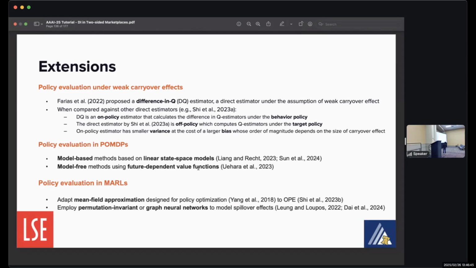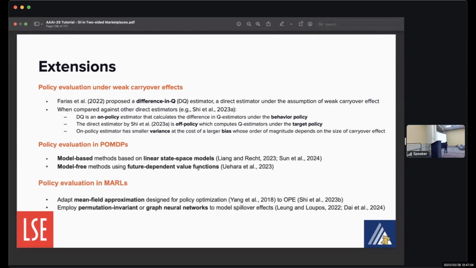In particular, this paper by Ferris proposed a difference-in-Q estimator, which is valid under the assumption of weak carryover effects. It does allow the carryover effects to exist, but on the other hand, it requires the size of this carryover effect to be small.